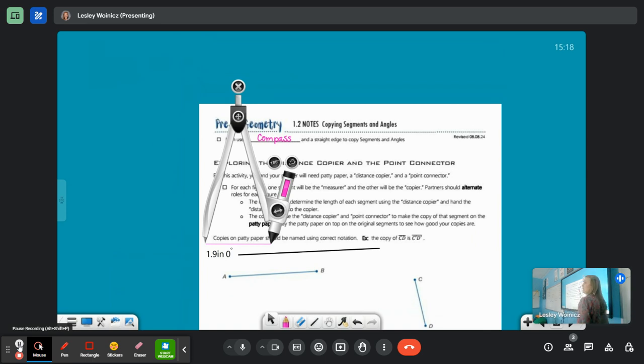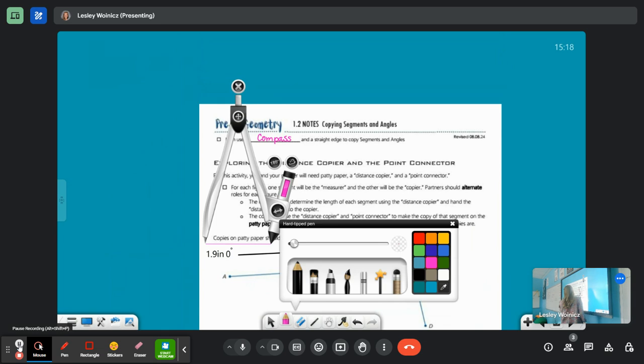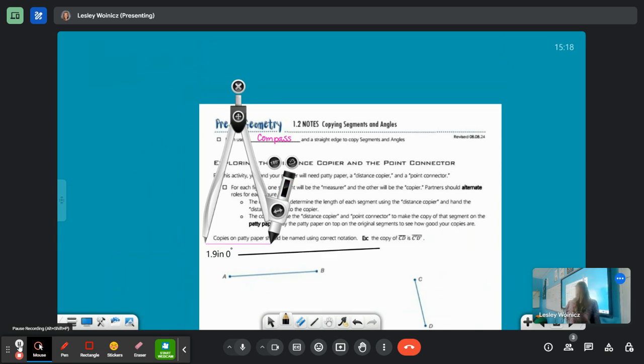The easiest way to do this is to make one of the endpoints A prime. Could I put A prime here in the middle? Yeah, but then it just makes it harder on myself. So I'm just going to put A prime at one end and make my life a little bit easier.